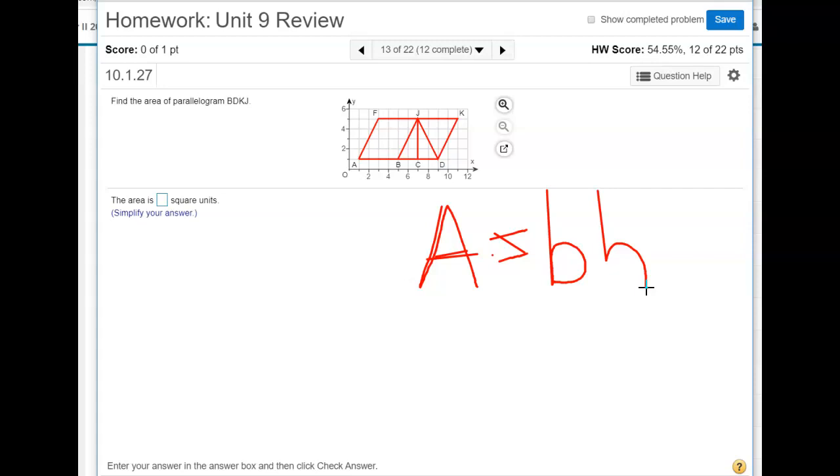We're going B, D, J, K. So the length of the base would be from B to D, which is 4 units. And our height is how tall that parallelogram is. So I'm starting at the top, and I'm dropping it straight down. Its height happens to be 4 as well. So we have a base of 4 and a height of 4. Multiplying those two together, we end up with an area of 16.